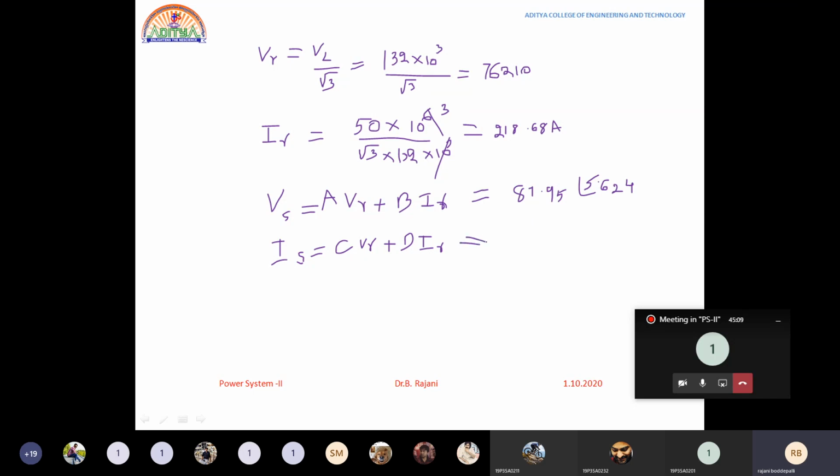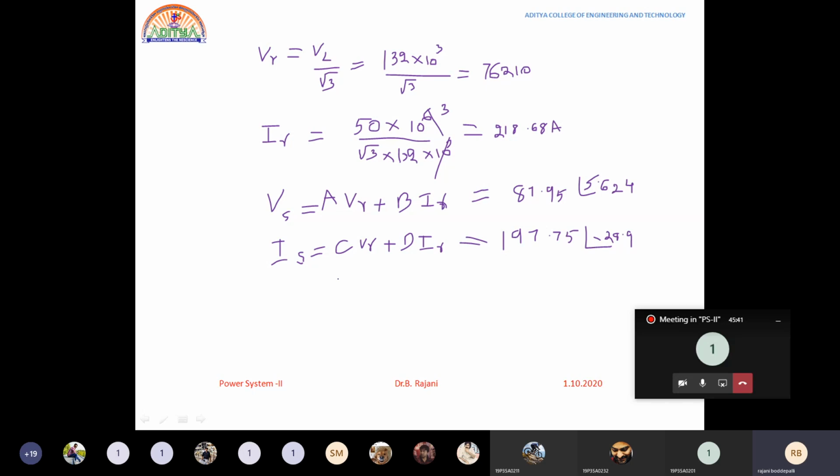Let us substitute all these values and you will be getting the current value as 197.75 at an angle of minus 28.9. Minus 28.9 we are having. Okay.